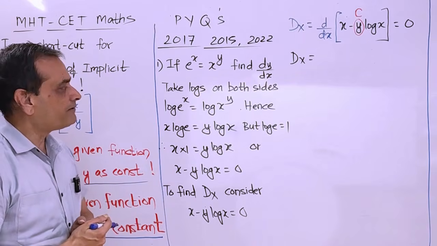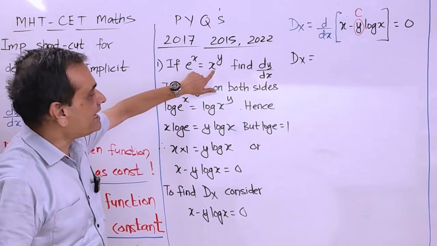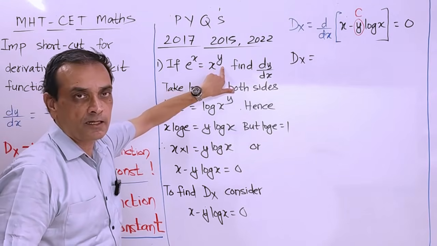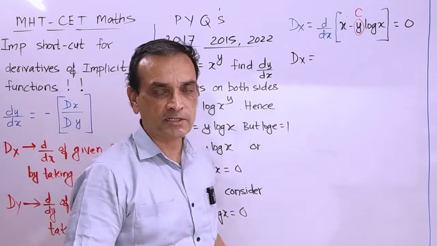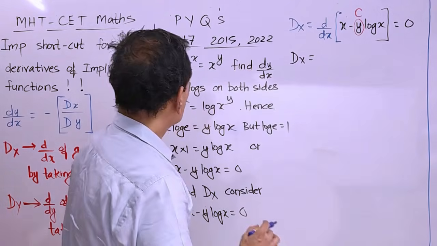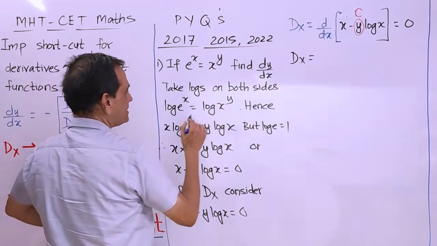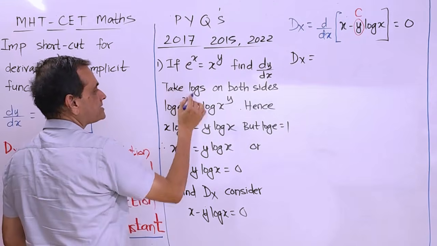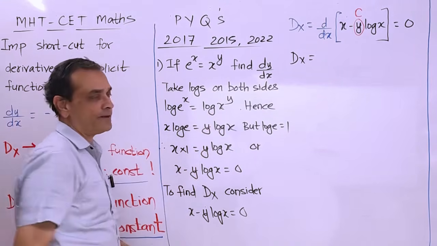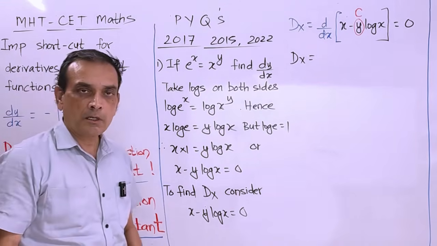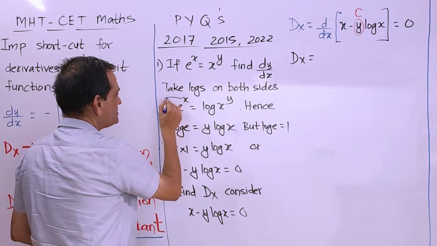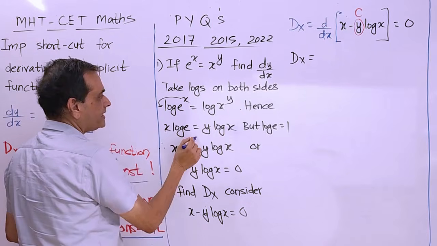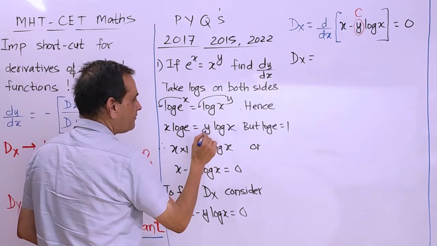तो अभी मैं क्या करने वाला हूँ? Because I am having x raised to y, I will take logs on both sides because there is no direct formula for derivative of x raised to y. So taking logs on both sides, log of e raised to x is equal to log of x raised to y. Log लेने के बाद rules of logs. x comes in front, x log e, y comes in front, y log x.